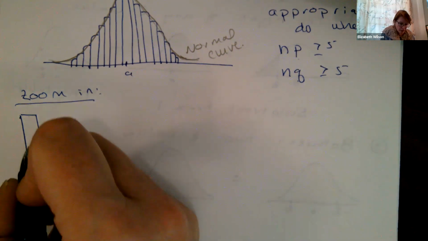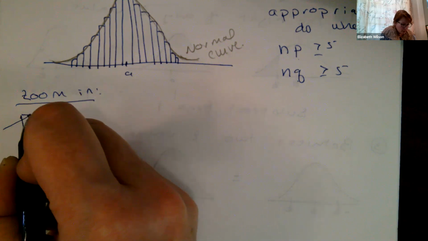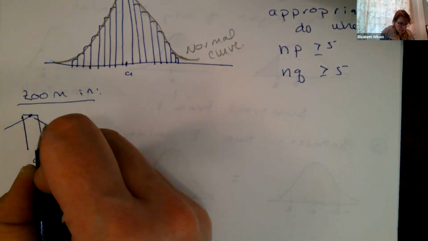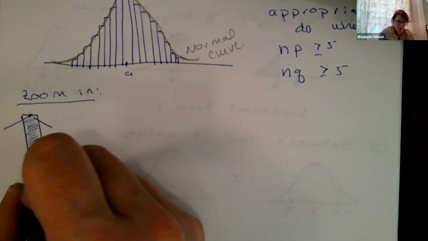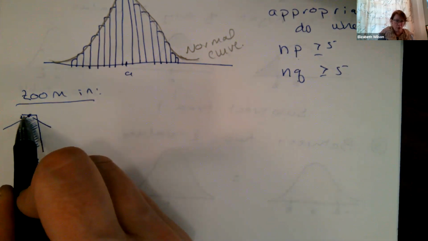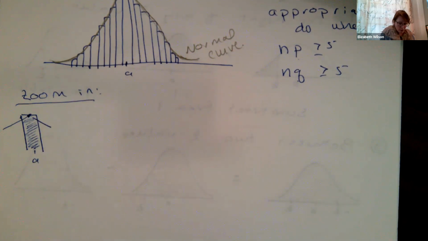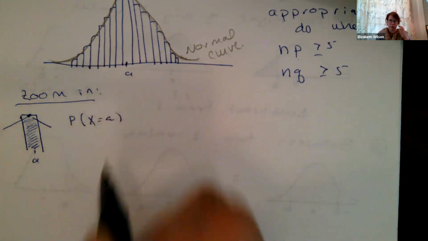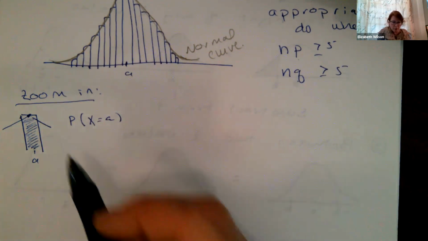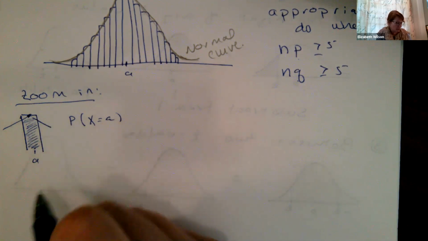My normal curve comes up and then goes down. So the area under the curve, I can't say it's exactly equal. I've got a little bit left over that's not being counted. But my normal curve is hitting right here in the middle. This is the case where the probability that x is equal to a. We're going to go through all the different permutations. So when x is equal to a, our normal curve comes up and hits exactly right on a.